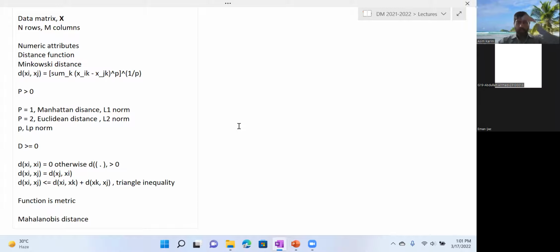The Mahalanobis distance is actually the Euclidean distance between objects when objects in the data set are normalized.